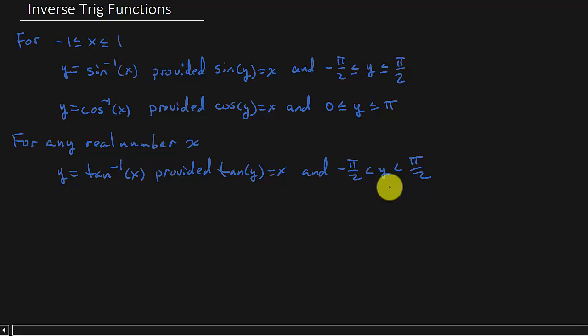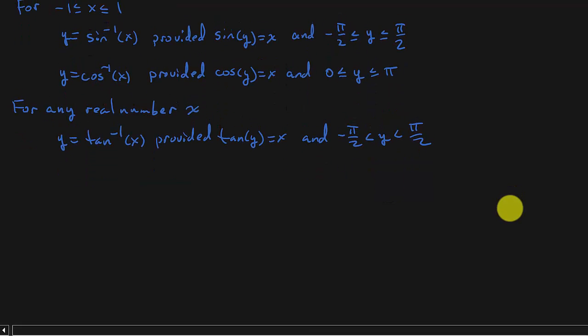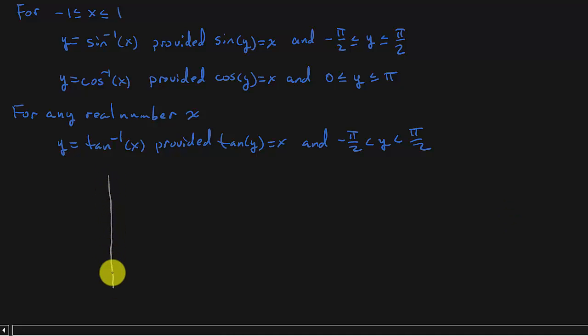So the best way for me to show you this is to draw you a graph and get you to understand this. So think back to when you were in algebra. All right, so there's a rough graph of sine. This would be 2 pi.